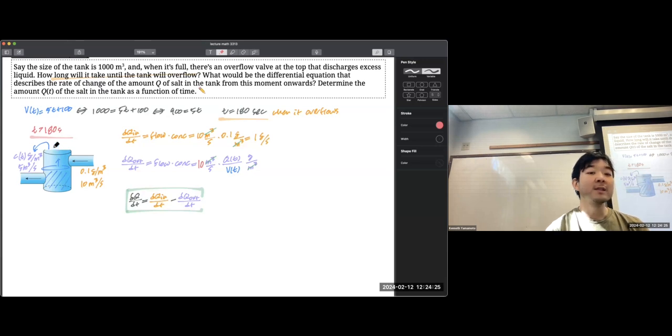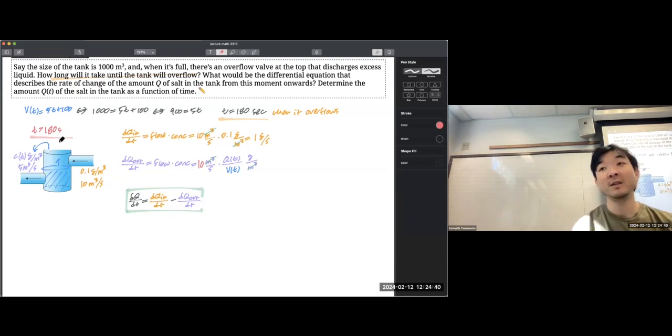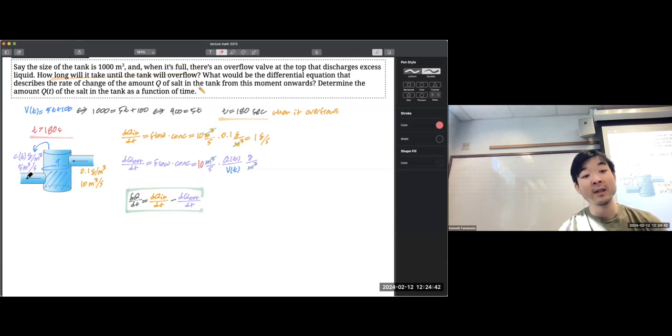But once it makes it to the top, the additional 5 cubic meters is also going to pour out. The tank is not going to hold any more water. All the water that comes in is going to flow out, either down here or on the top. So the total 10 cubic meters per second is all going out at that point.